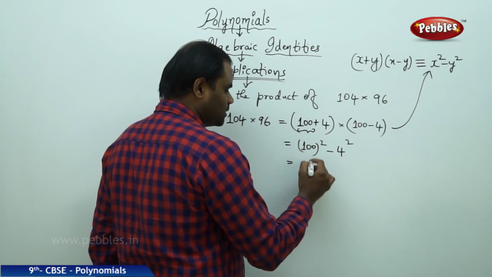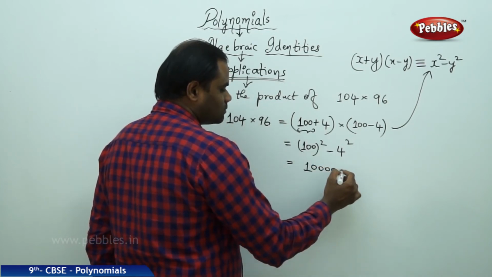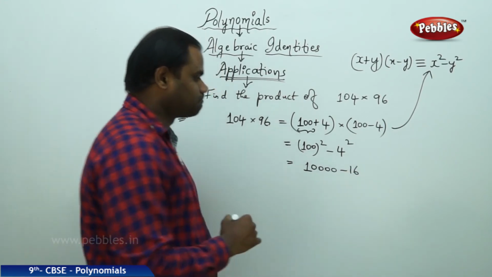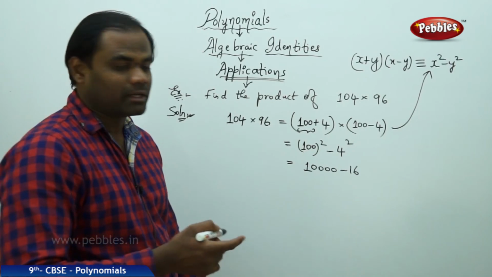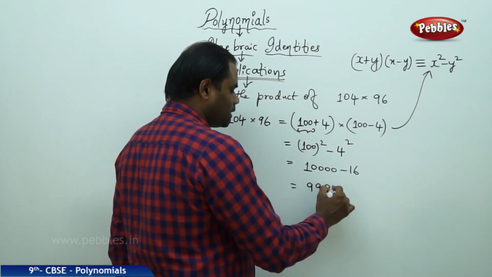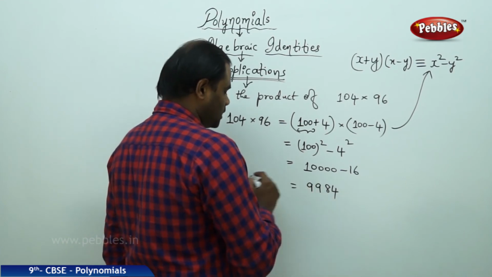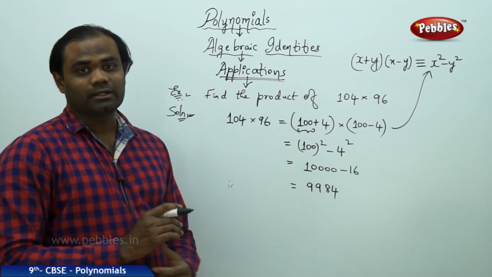And this comes out to be 100 square, which is 10,000, minus 16, which is 9,984. Therefore, I get the answer to be 9,984.